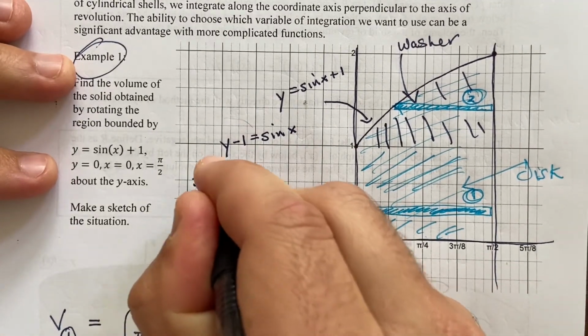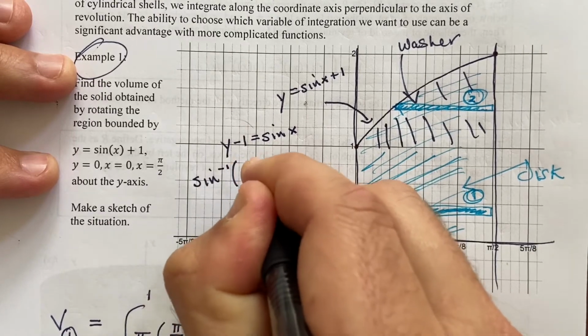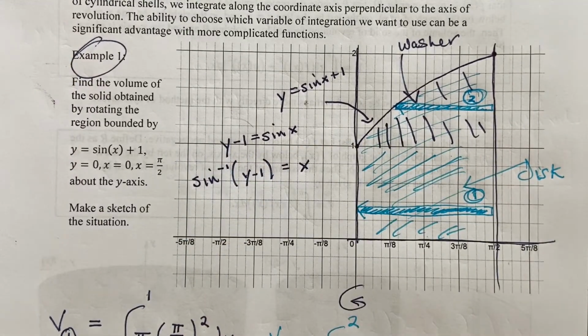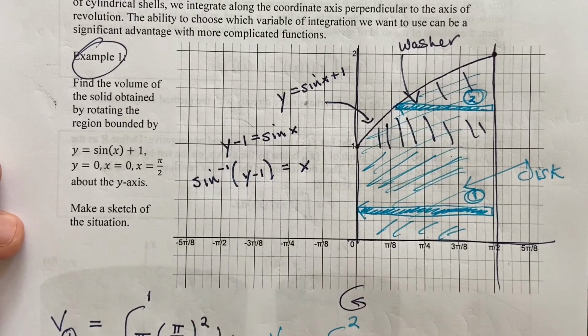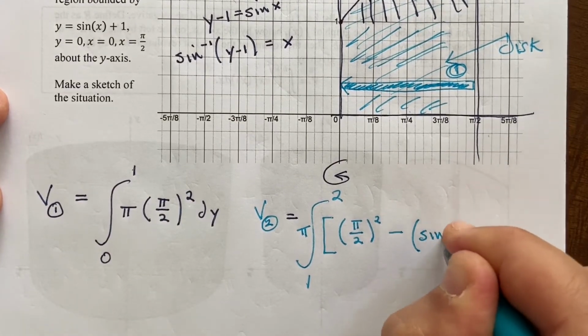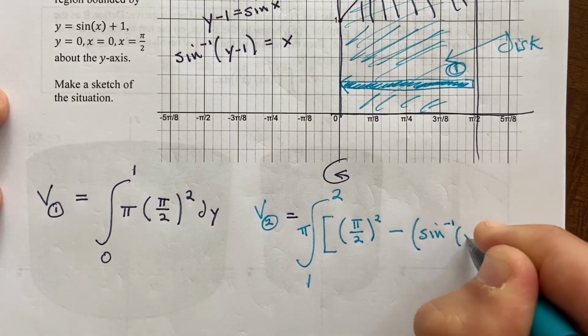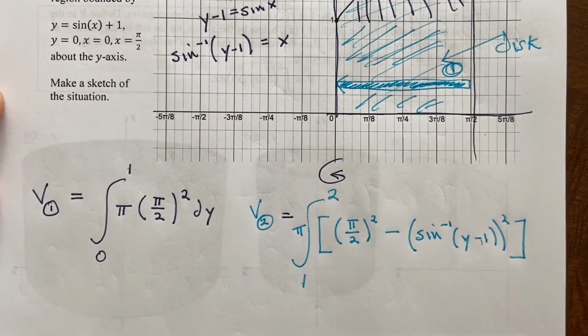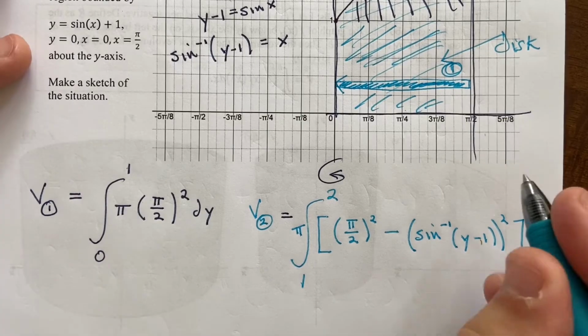So I'd have inverse sine of y minus 1 equals x. So that's actually the function that I'll need to square. So down here I'll have sine inverse of y minus 1, and then I need to square that, in square brackets, and then dy.